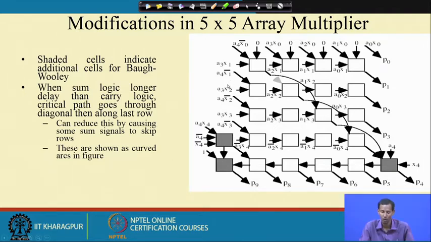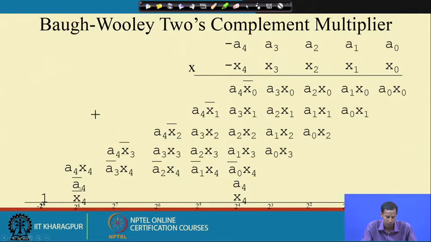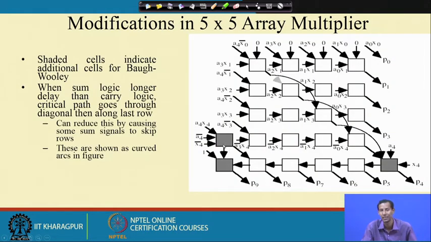But what modification do I need to make it useful for the Baugh-Wooley multiplier? Because of the extra terms coming at this particular position, I need extra cells to be filled for implementing this array based Baugh-Wooley multiplier.